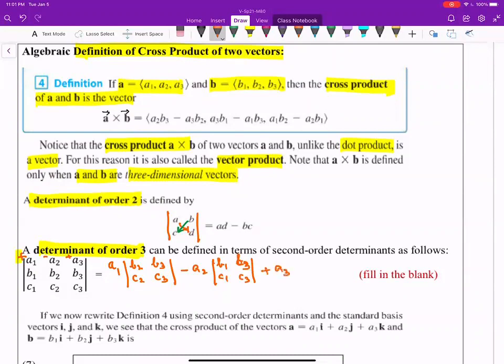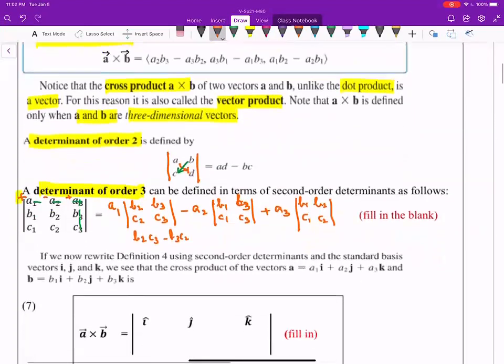Then A3 goes with the positive sign. You hide the column and the row to which A3 belongs, and you are left with B1, B2, C1, C2. Then we can expand the determinant of order 2 like this: B2C3 minus B3C2. Like that, you can expand the rest of them.